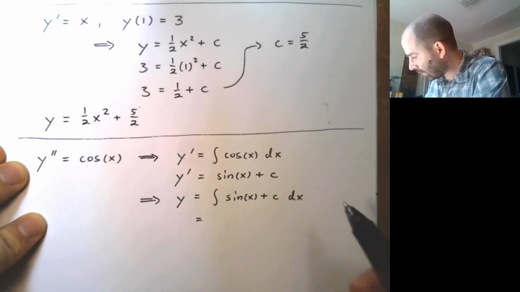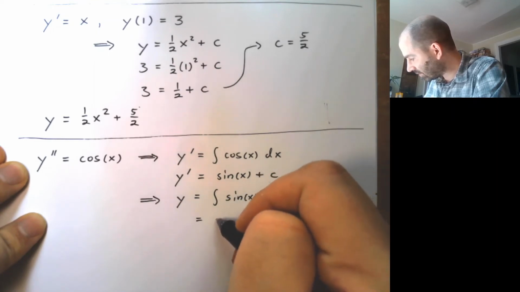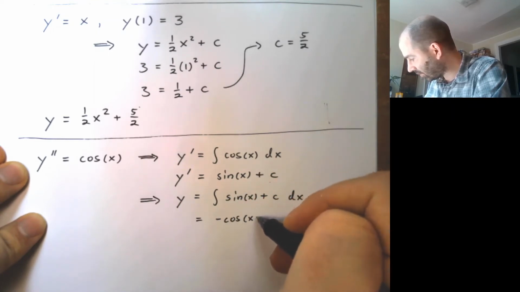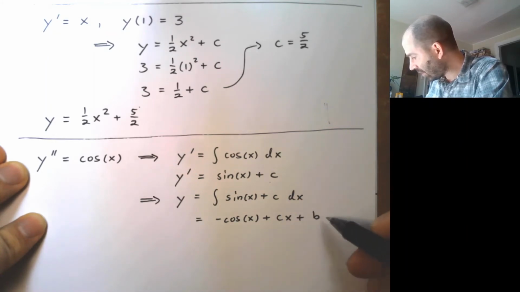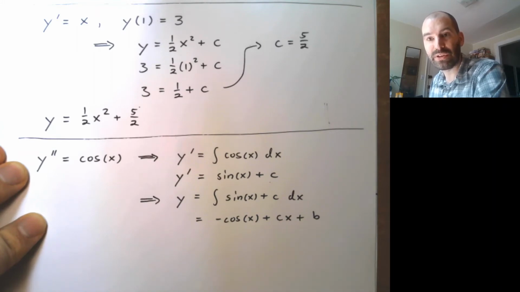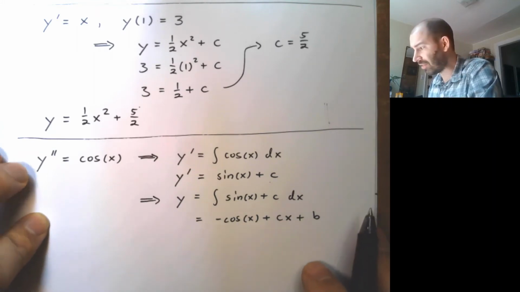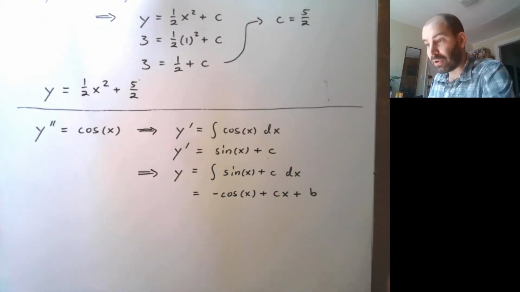Okay. The antiderivative of sine is negative cosine. And I get another constant. I'm not going to write where c and b are arbitrary constants. Let's just understand that that's what we mean here. So I've solved this differential equation.